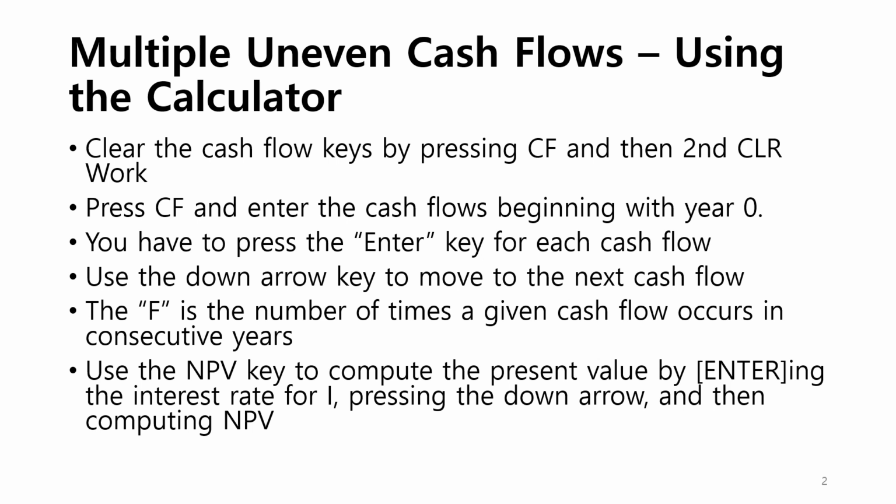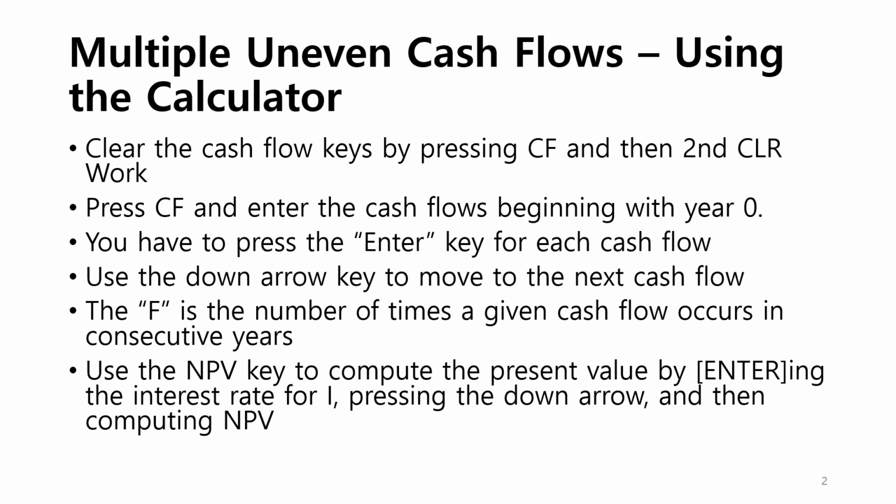When you press the CF button, some words will appear on the screen. That is, CF0 is equal to blank. CF0 is the cash that occurs in period 0.